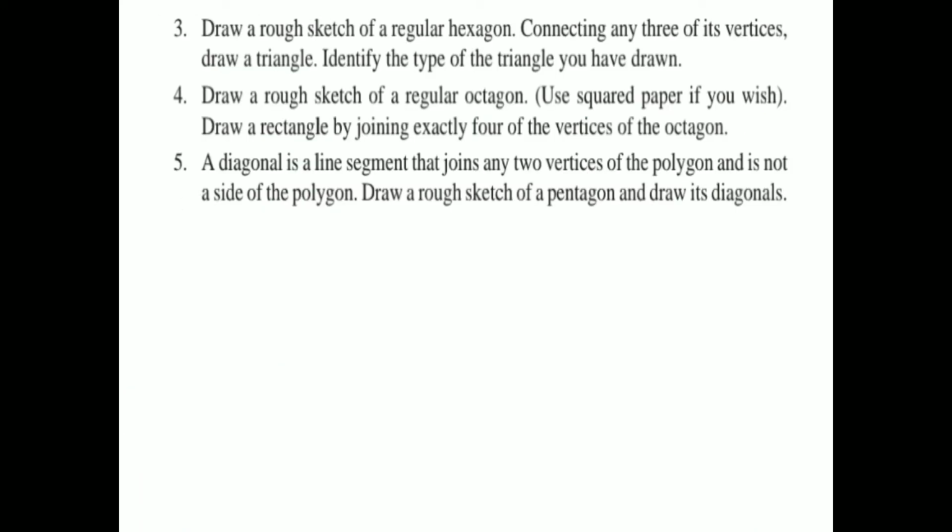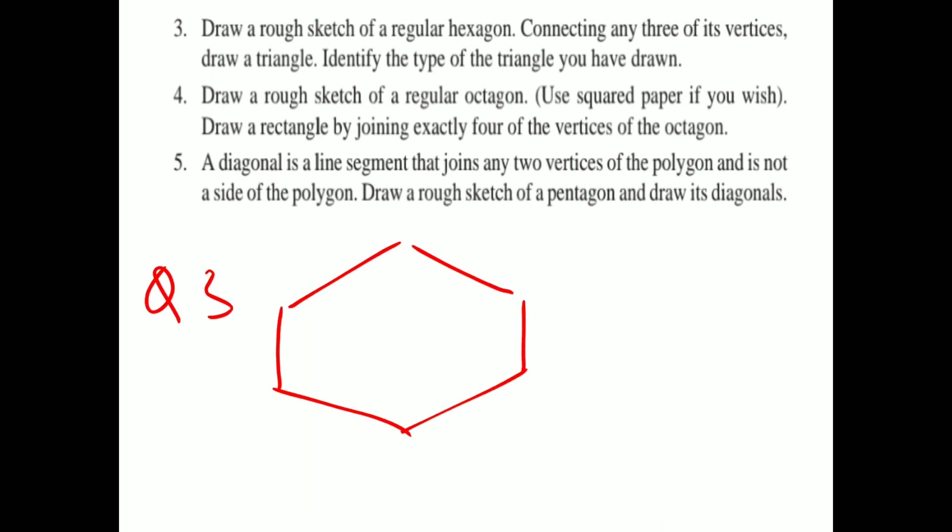Now we do question number 3. Draw a rough sketch of a regular hexagon. Hexagon, you know, has 6 sides. And connect any 3 of its vertices. See how. If I take 1, 2, 3, 4, 5, 6, that is a hexagon. Give it any name: A, B, C, D, E, F. Clear? Then connect any 3 vertices.